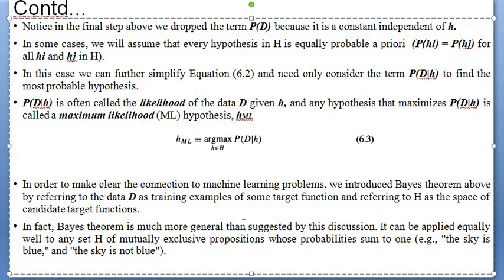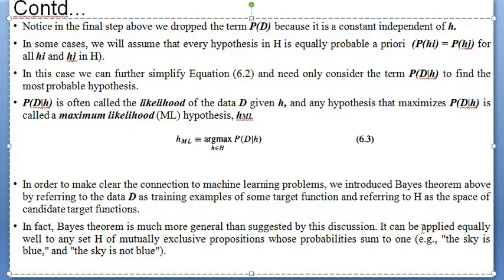So if you want to find any of the probabilities for a given data, we can apply the Bayes theorem and check which hypothesis is directing me towards the target function, or which hypothesis is giving me the best result as that of the target function.